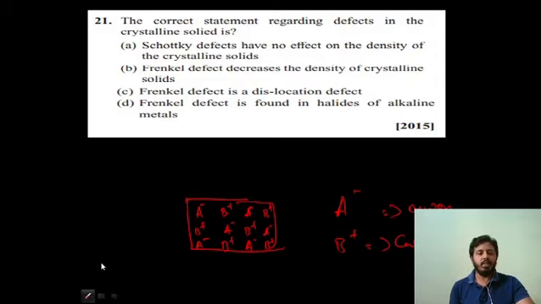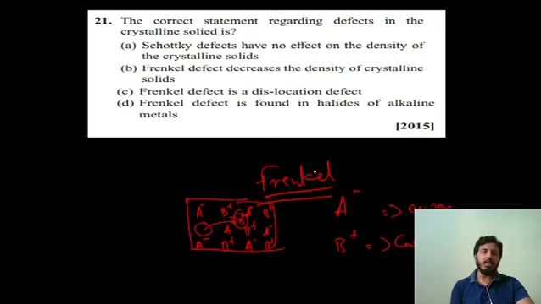So Frenkel defect is nothing but missing of a smaller cation from its original lattice site and it occupies the interstitial position, which is known as Frenkel defect. And if you consider this third statement, Frenkel defect is a dislocation defect. Yes, Frenkel defect is considered by 3 different names. It creates a vacancy, hence it is known as vacancy defect.